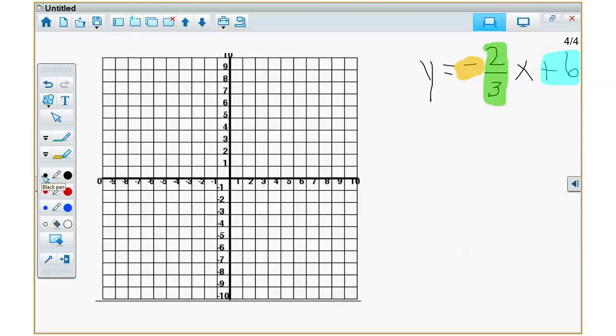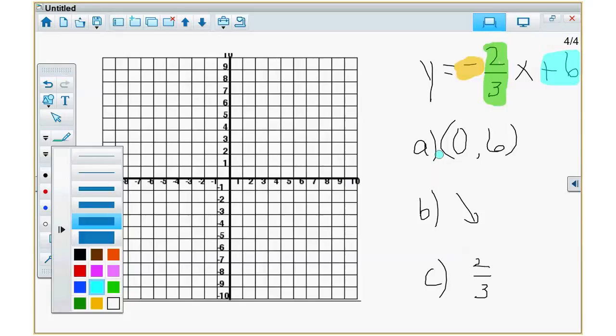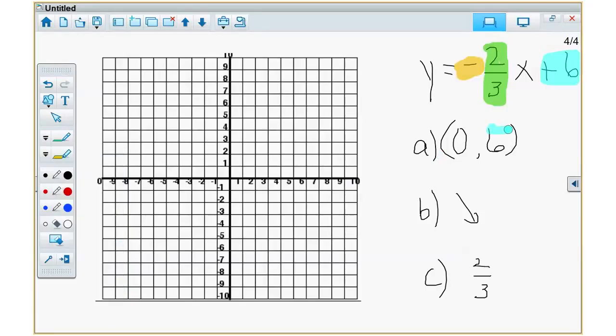There's my colors. All right, so there is our y-intercept.